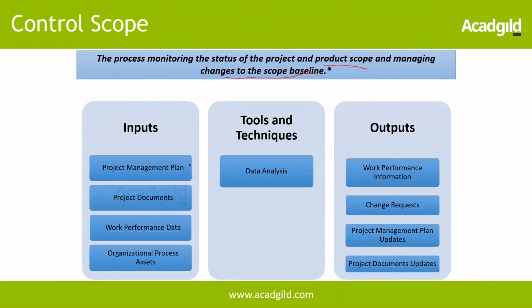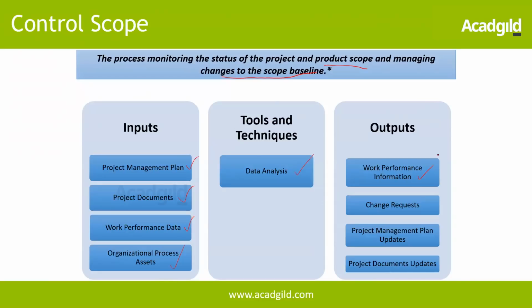So let's look at the inputs: the project management plan, project documents, work performance data, and OPA. Data analysis on the work performance data: we provide data analysis like trend analysis and variance analysis, and then see where there is a deviation, where there is a variance, and take actions accordingly.